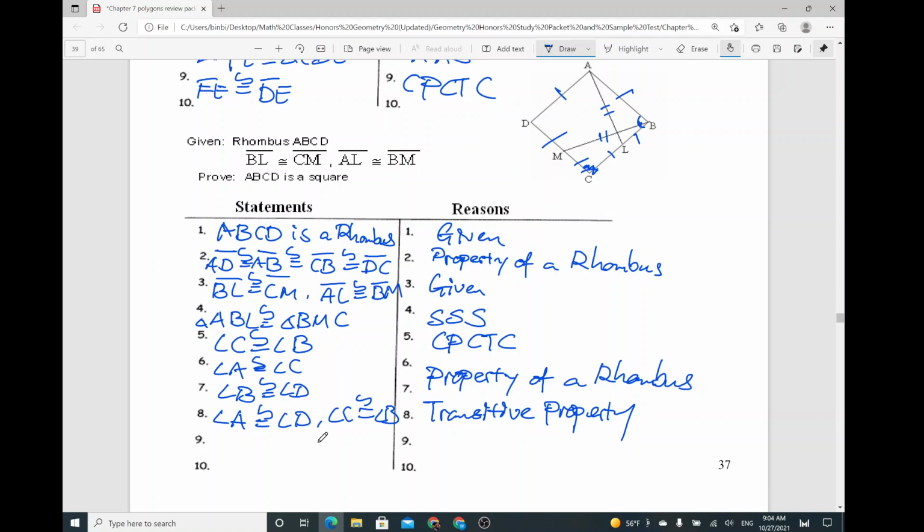Once we prove that all those four angles are congruent and the four sides are congruent, another thing that you want to state here is angle A plus angle B plus angle C plus angle D equals 360 degrees. So this one is by the sum of all the interior angles of a quadrilateral.